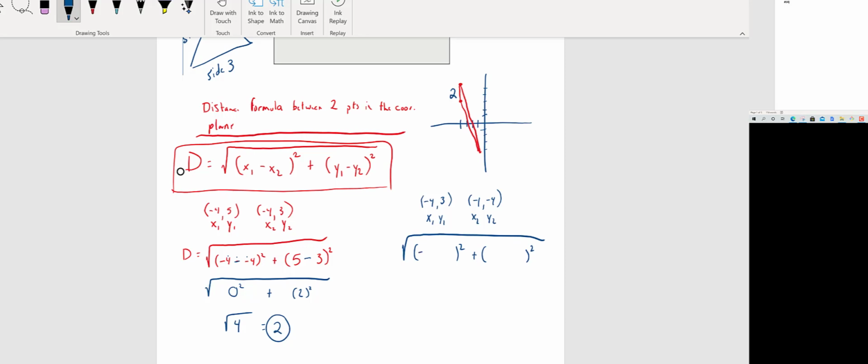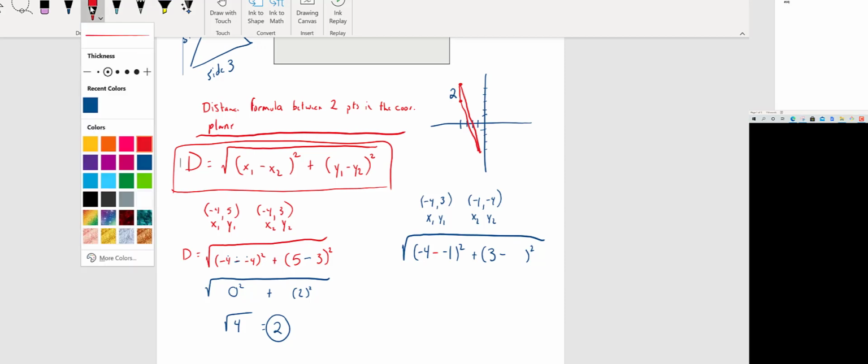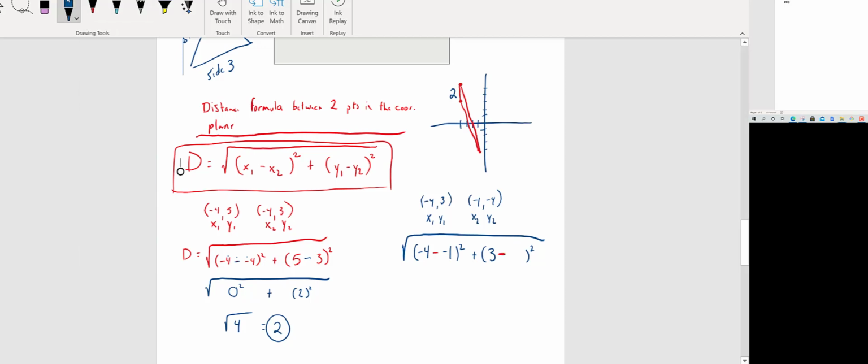So negative 4 minus negative 1. And then my y's, 3 minus, I wanted to do that in red, negative 4. And then just do the math.